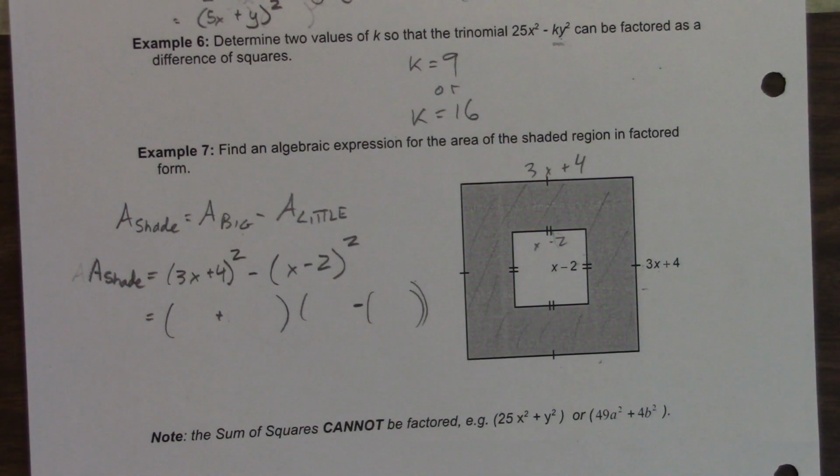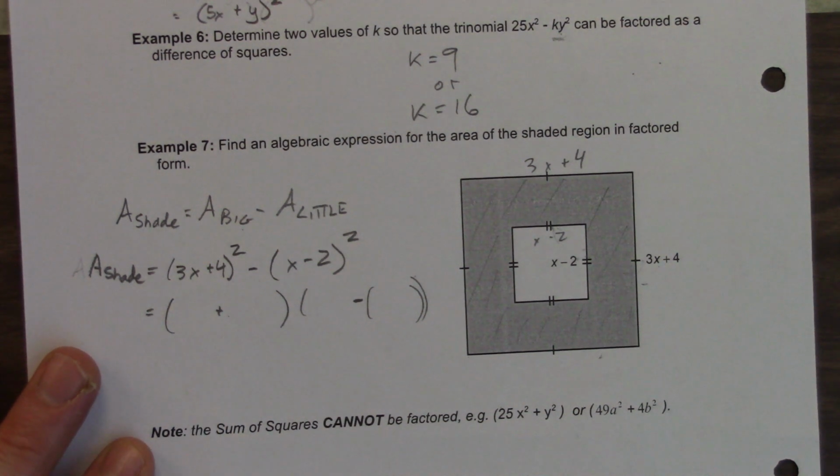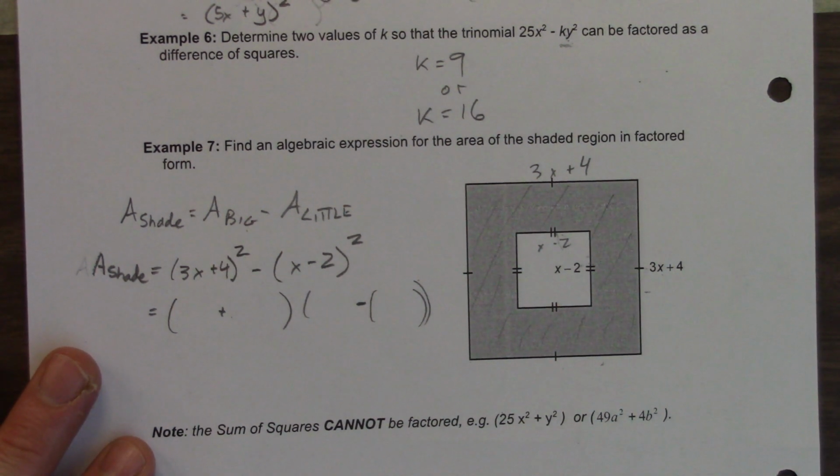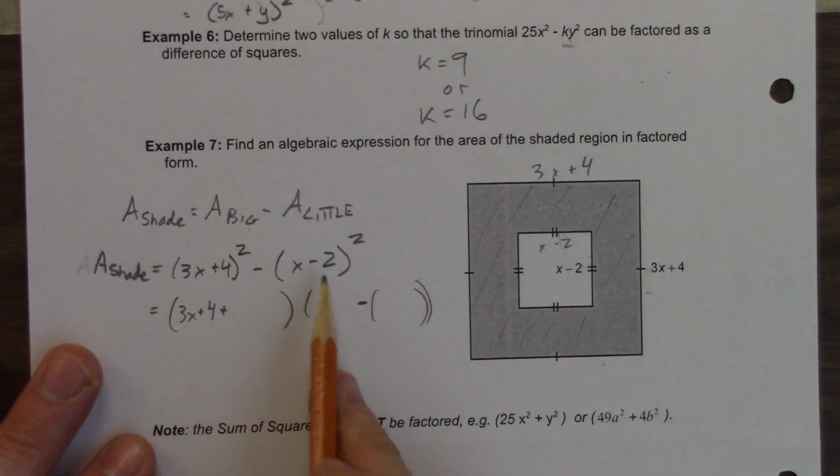Come on. I'm doing this the whole period. You can do this. You got to take the square root of this. What is it? 3x plus 4 squared. What's the square root, Milkius? Yeah, 3x plus 4 plus, what's the square root of this?